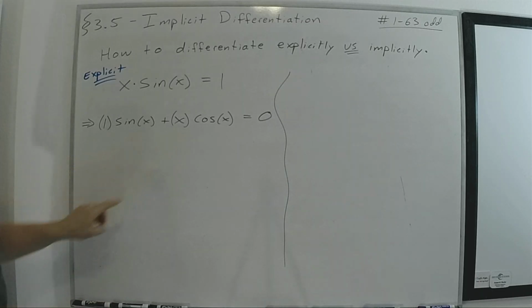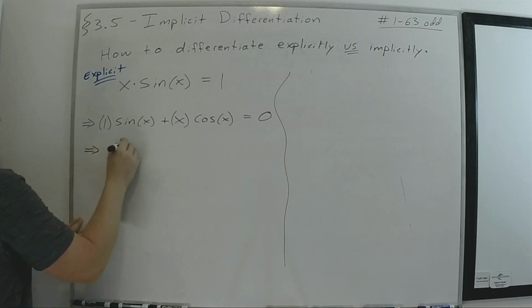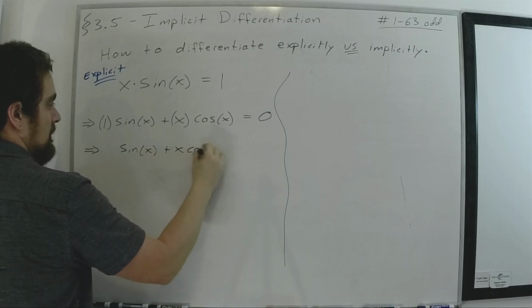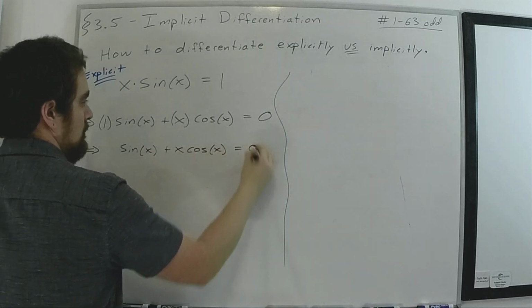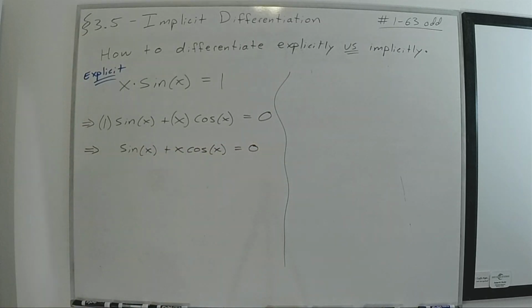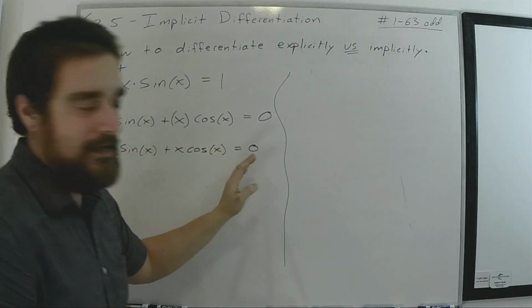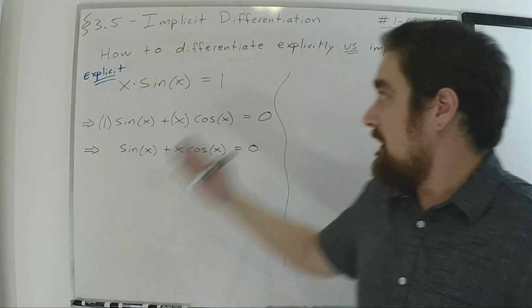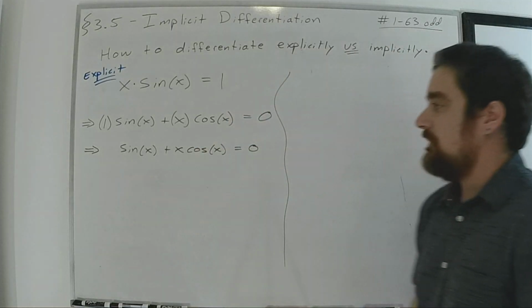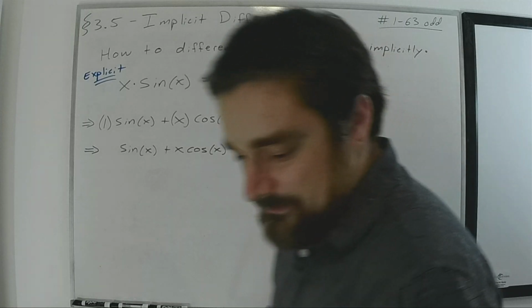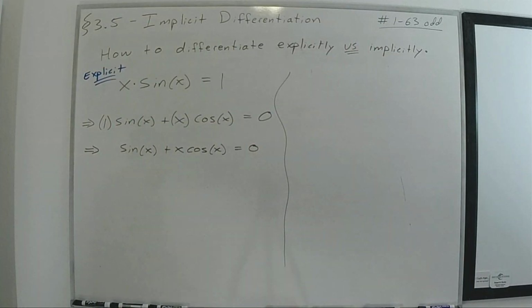Now I can clean this up. This is sine of x plus x cosine x, which is equal to 0. So I did that very explicitly, just differentiating with respect to x on the left-hand side. On the right-hand side, there is no x to differentiate, so it just becomes 0. So that is when I differentiate explicitly.